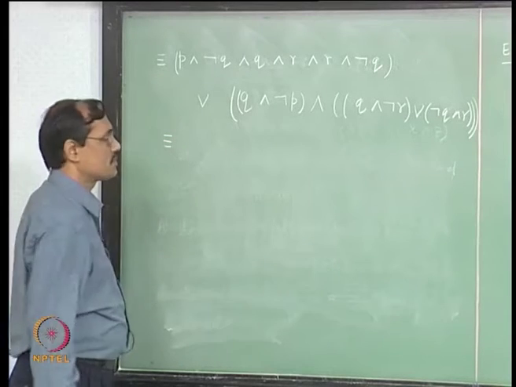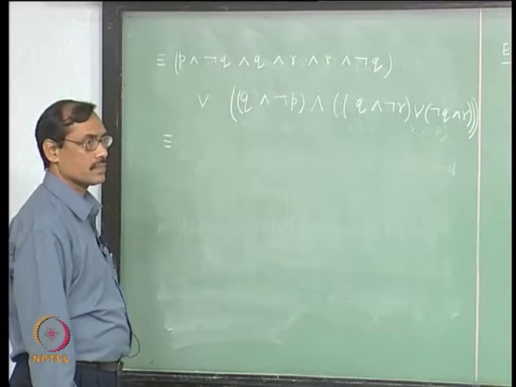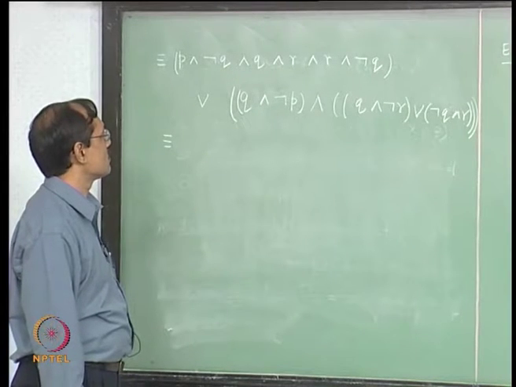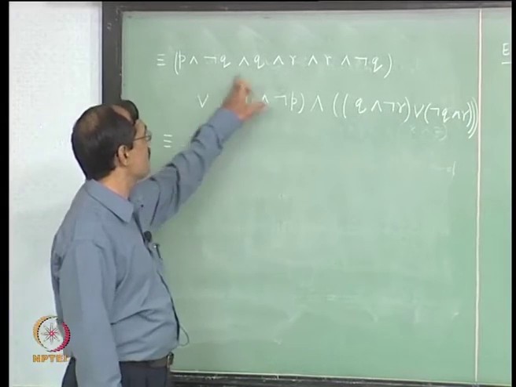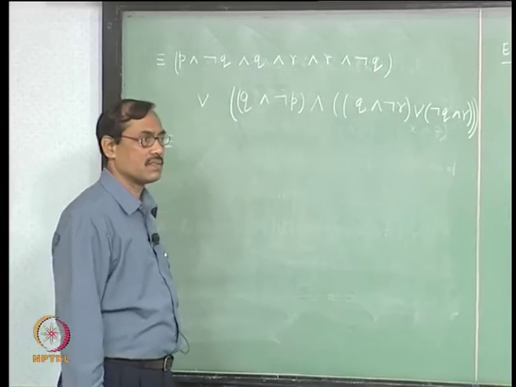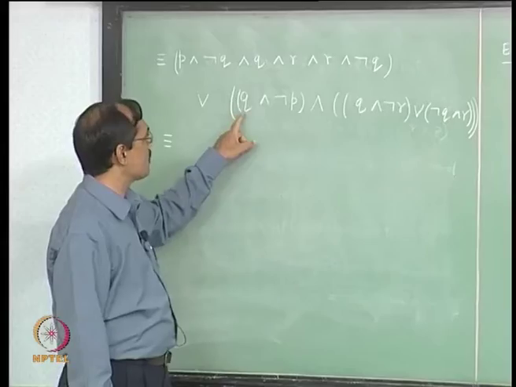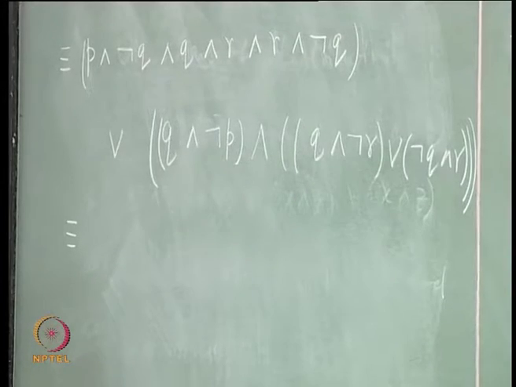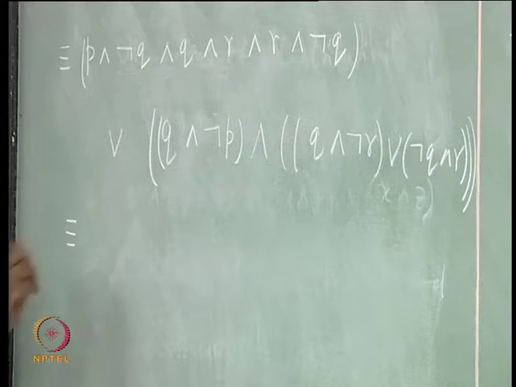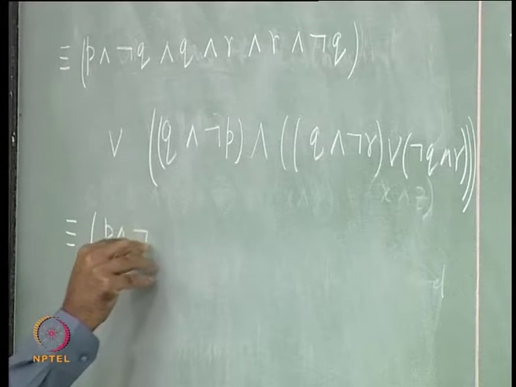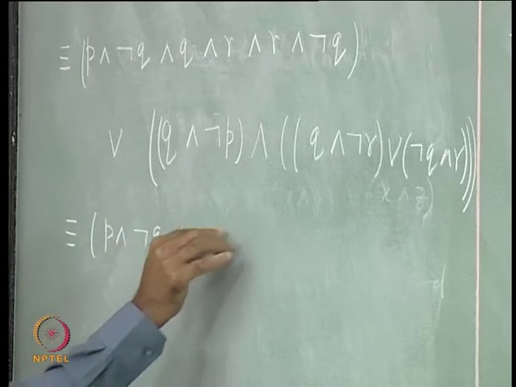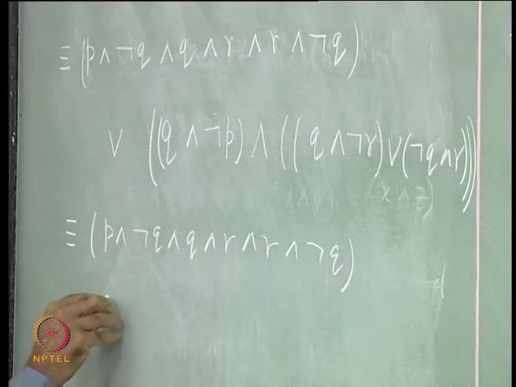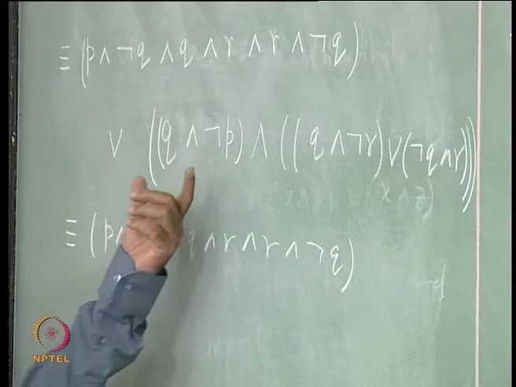Next, what should we do? Is it in any form? Here is one conjunctive clause, or there should be other conjunctive clauses. It is not a conjunctive clause. Okay. You have to distribute. We just keep it as it is, or so which one to distribute?